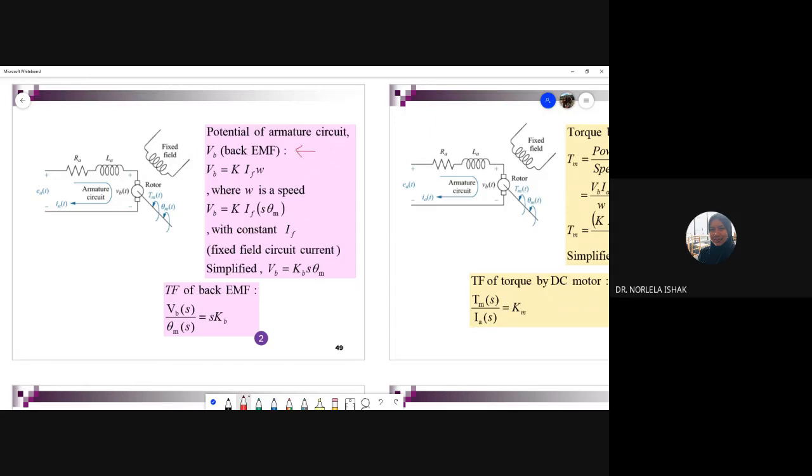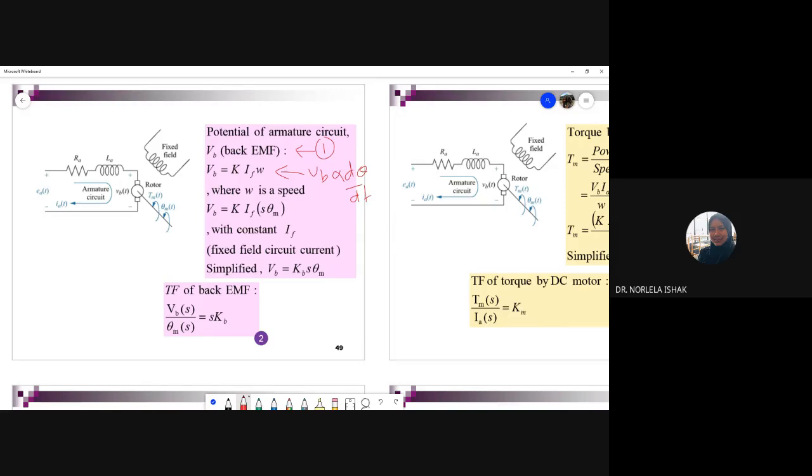This is our back EMF equation. What is a back EMF? Our equation is from here: VB proportional with d theta over dt. The previous slide, madam already discussed, right? d theta over dt.